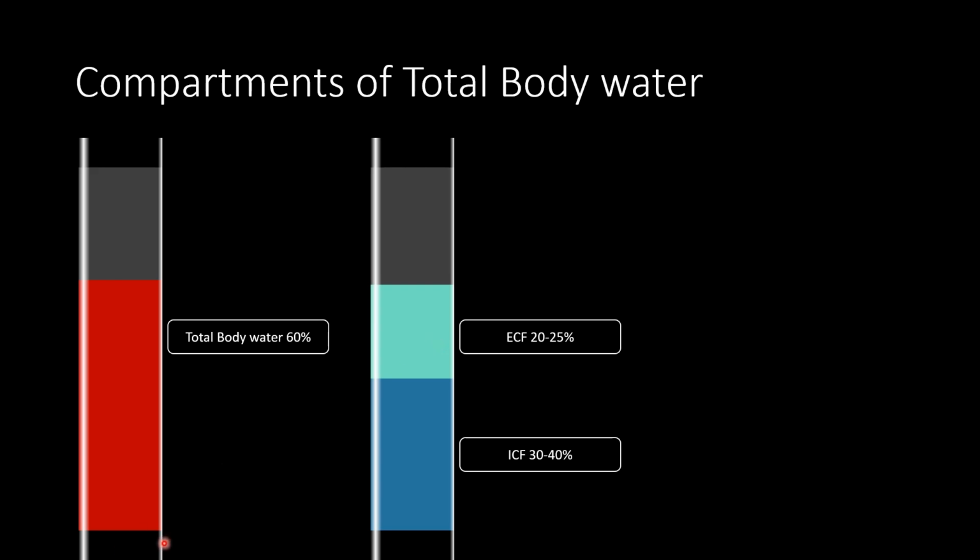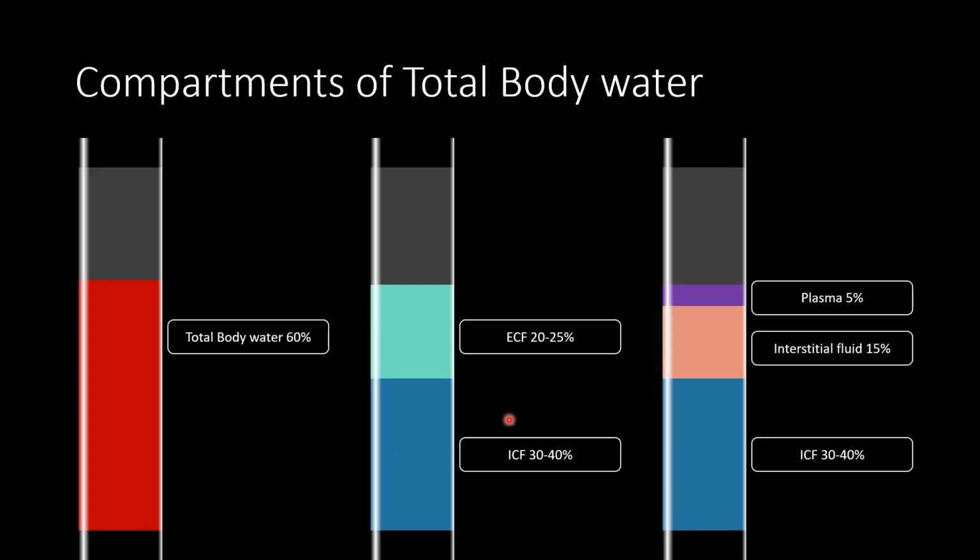But if we divide the extracellular fluid further into two more compartments, interstitial fluid and plasma, we can remember that this is 3/4 and this is 1/4. So 3/4 of 20% is 15%. So interstitial fluid is 15% and 1/4 of 20% is 5%, that is, plasma is 5%.